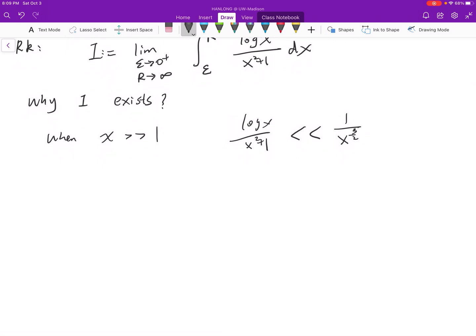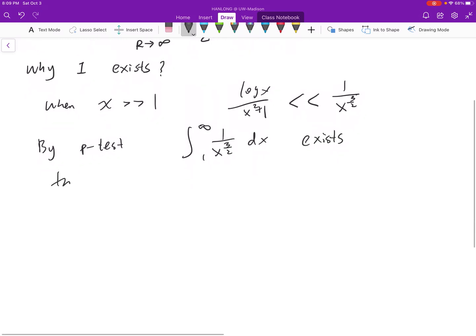Then by the p-test, this is integrable. Then the integral of log x divided by x squared plus 1 dx exists.